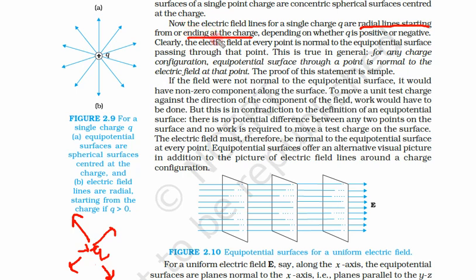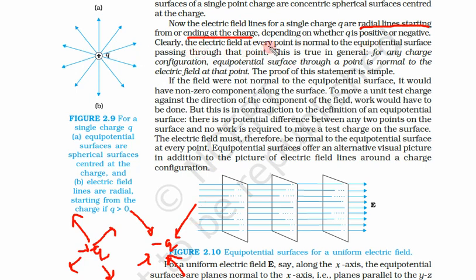If it is a negative charge, they will end at this charge and come from all directions. Again I am reminding you, this is in 3D, depending on whether q is positive. For positive it will start from this charge, for negative it will end at this charge.